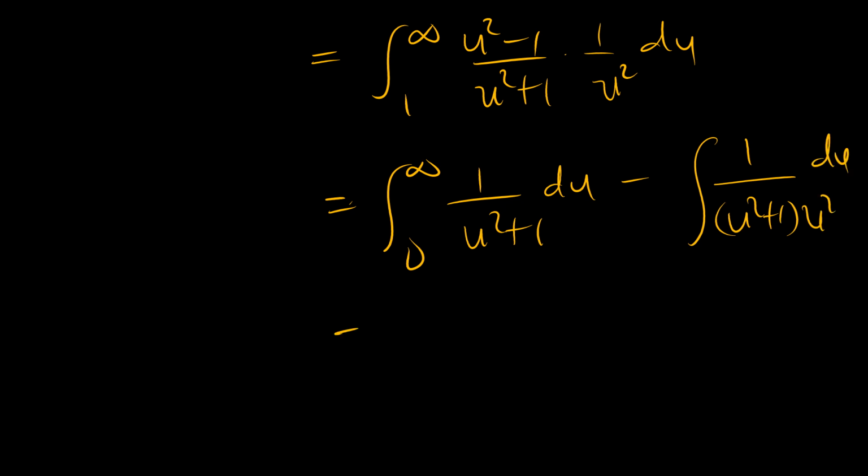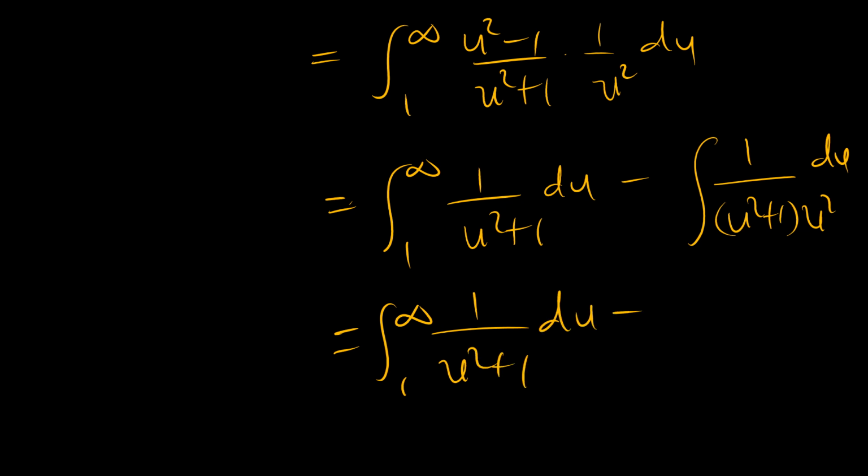So sorry, we made a mistake here and we created 0 there. It's actually 1. So this becomes the integral from 1 to infinity of 1 over u squared plus 1. And then we can express this as partial fractions, the same as u squared minus 1 over u squared plus 1.